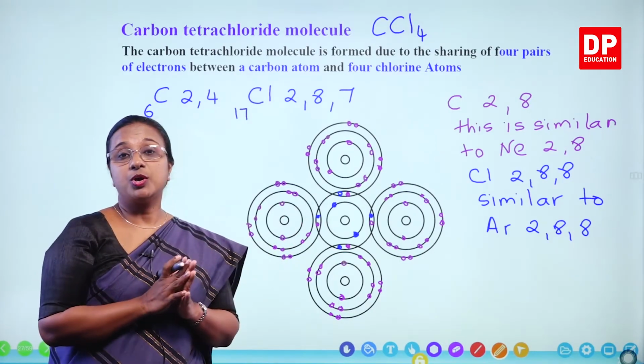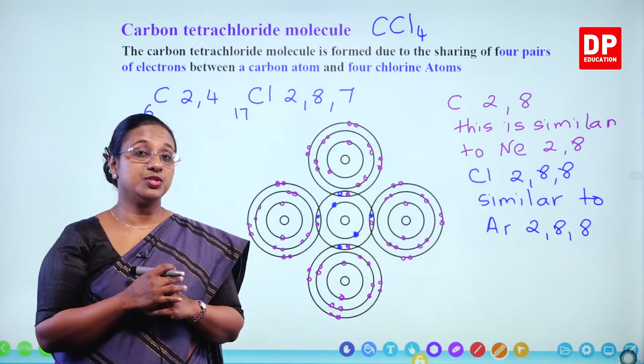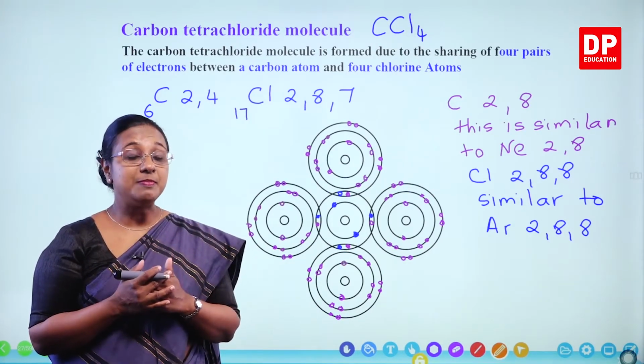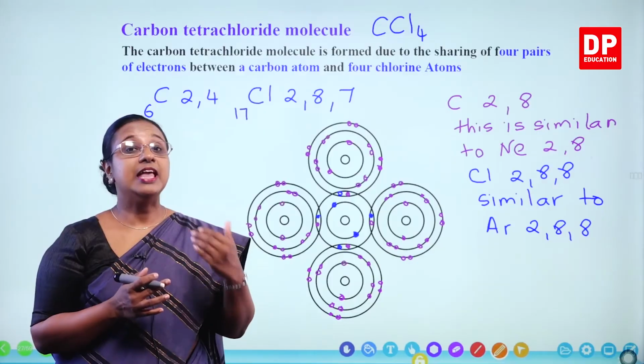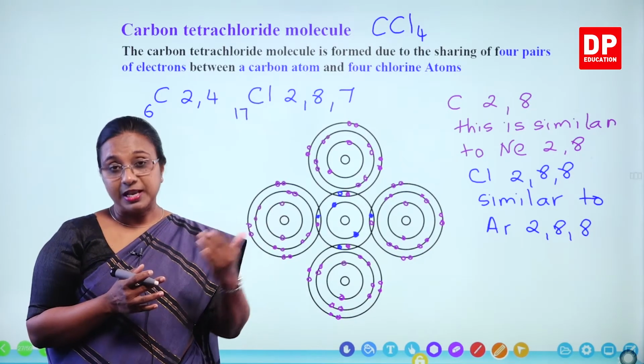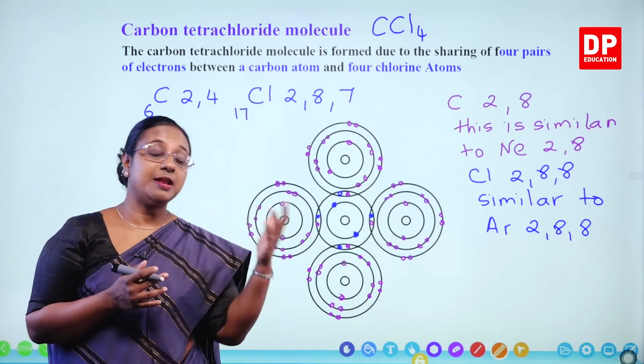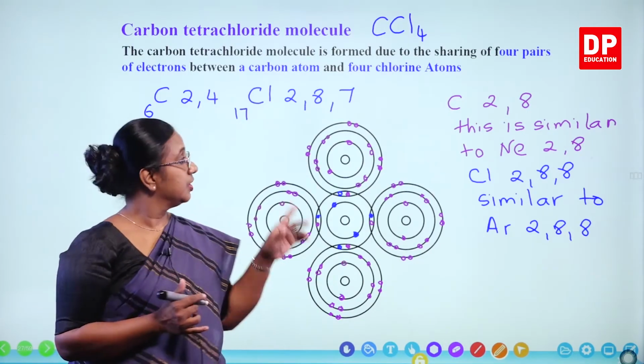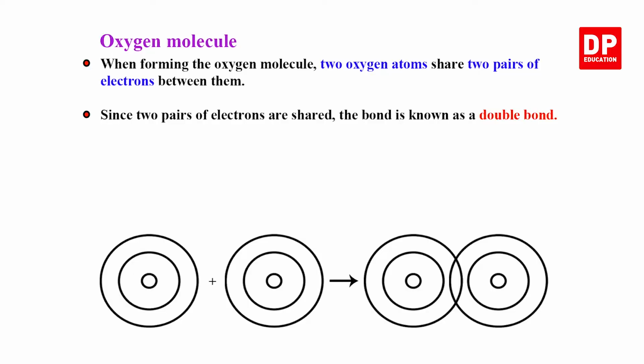Now, I will move on to other types of bonds where there is more than 1 pair of electrons shared between 2 atoms. Then we call them, depending on the number of electrons, either double bond or triple bond. So then, the next example is oxygen molecule.